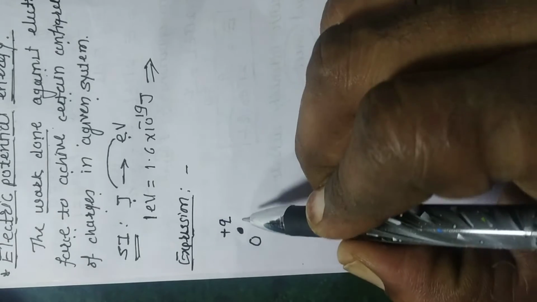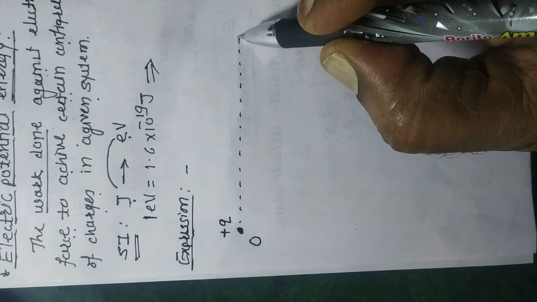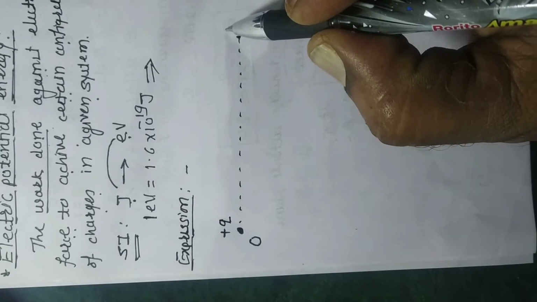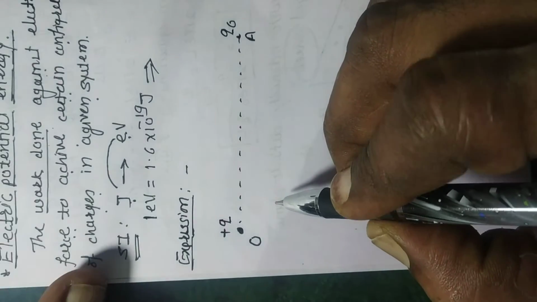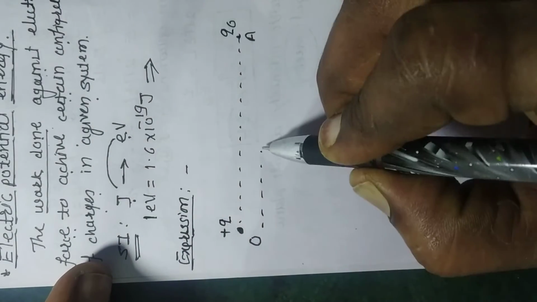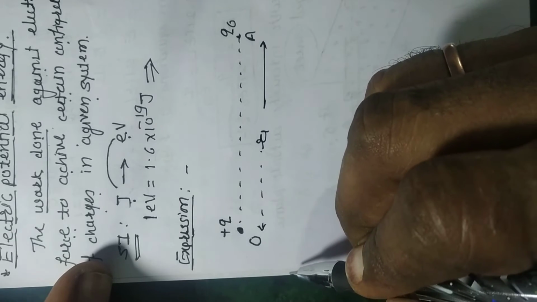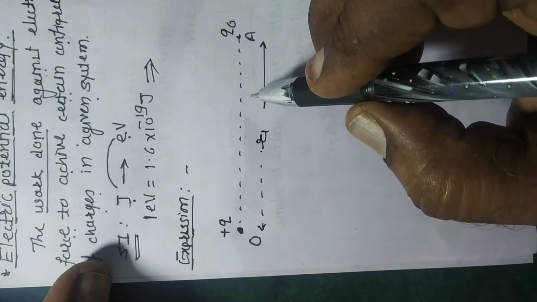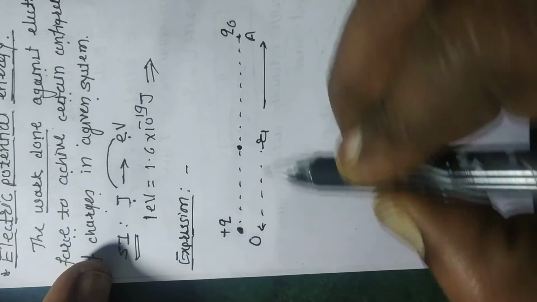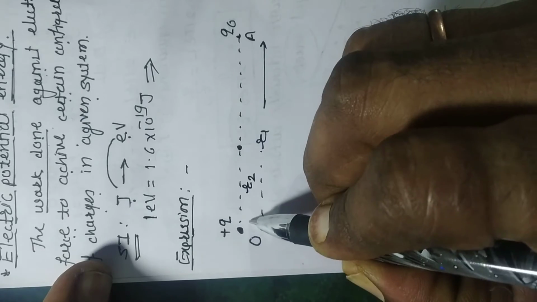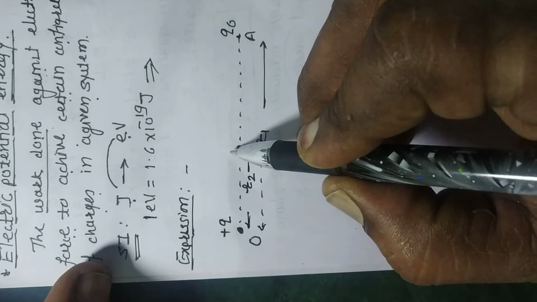Let a small test charge, that is Q naught, be situated at A at distance R1 from charge Q. Let B be any point at distance R2 from O at which electric potential energy is to be determined.